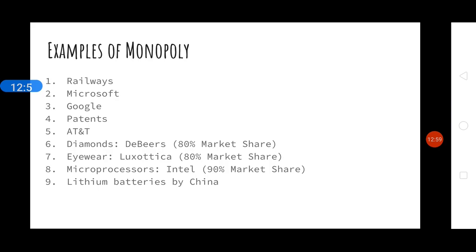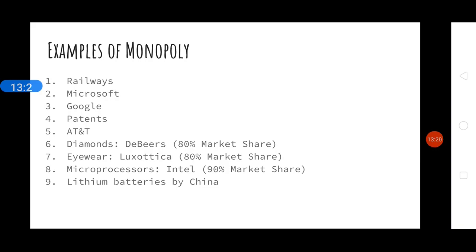Next example is eyewear, Luxottica, a company that owns all the major brands of sunglasses. And what a brilliant idea used by this company. The company has bought almost all the major eyewear brands. However, they are still named differently. What does this do?